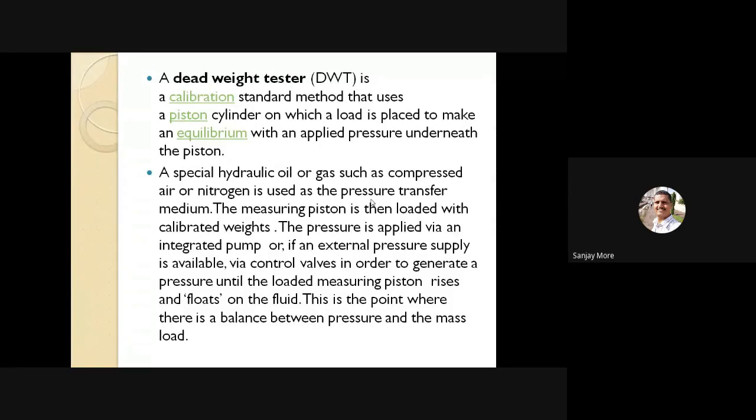The measuring piston is then loaded with calibrated weight.